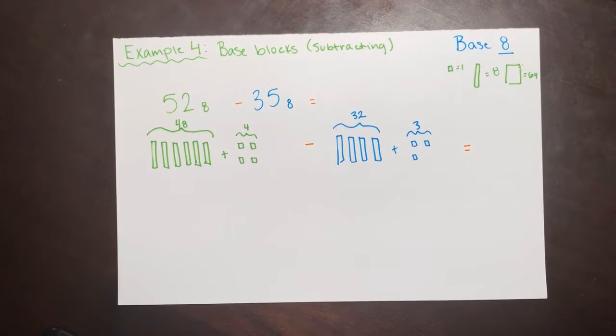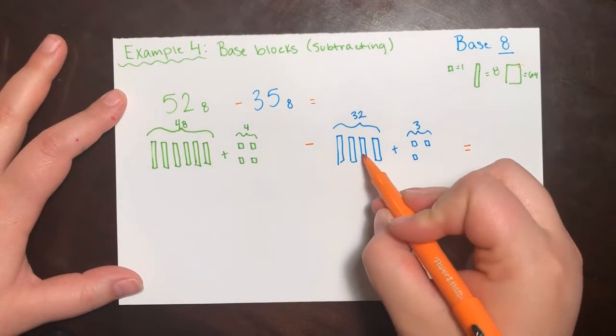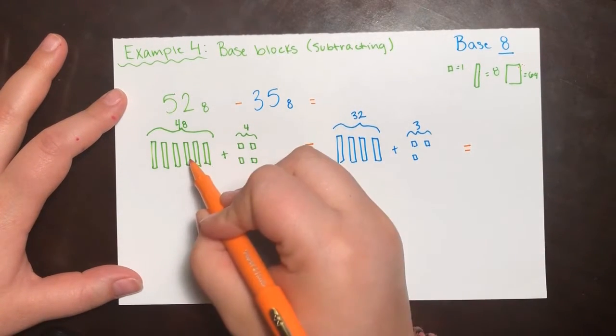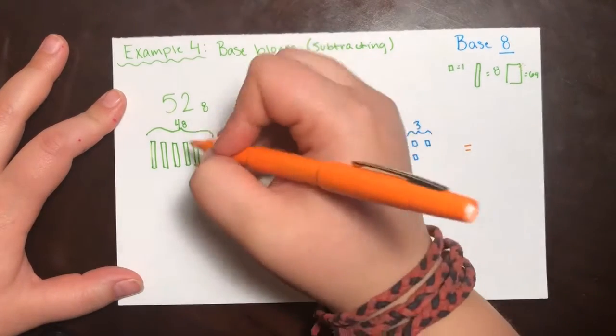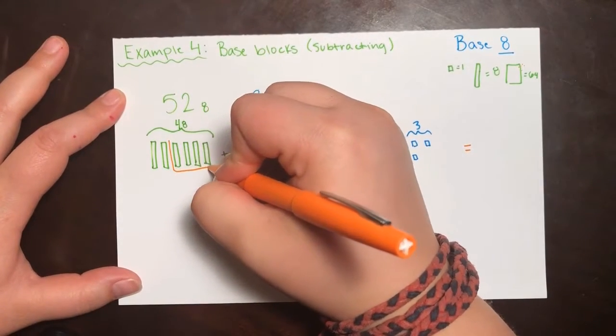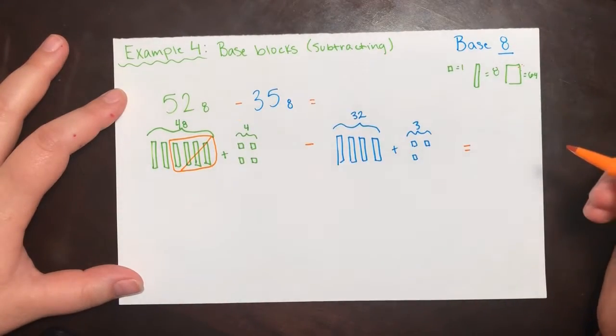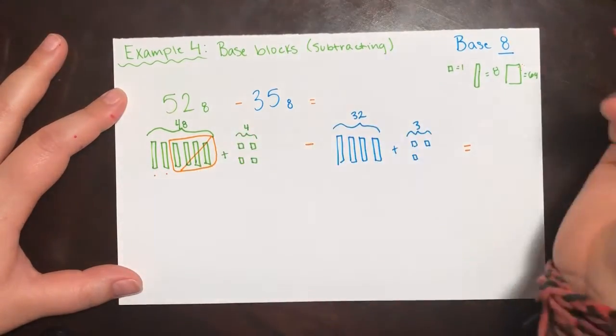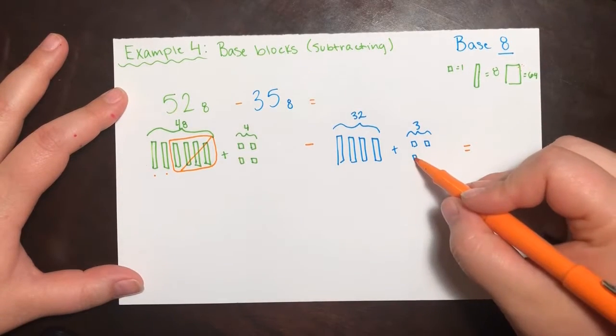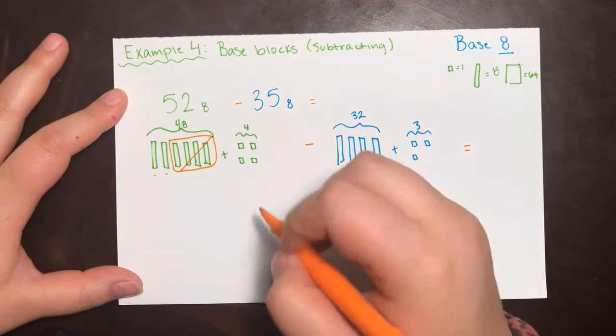So now we're going to subtract. Since we have 4 over here, we need to take 4 out of here. So I'm going to do this, cancel those out. So we only have 2 left after that. Then, since there's 3 over here, we're going to take 3 out of here.